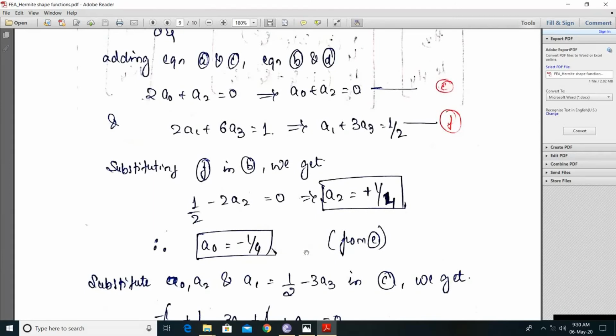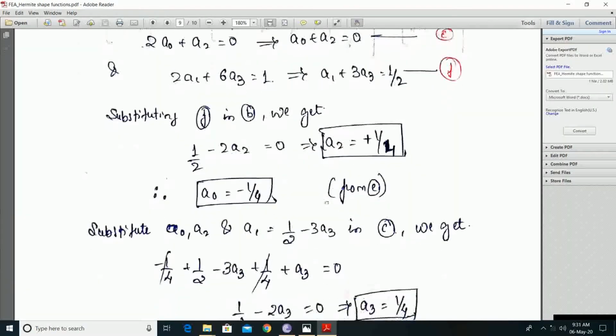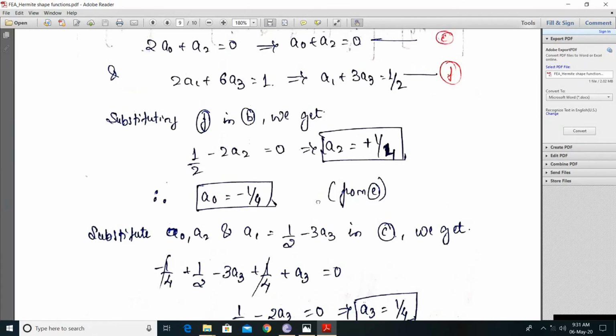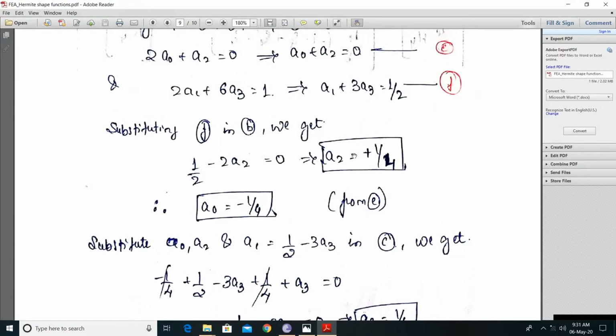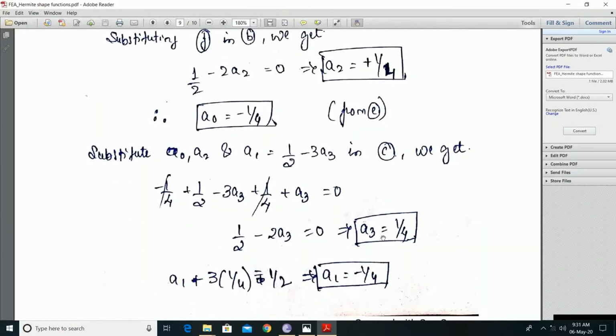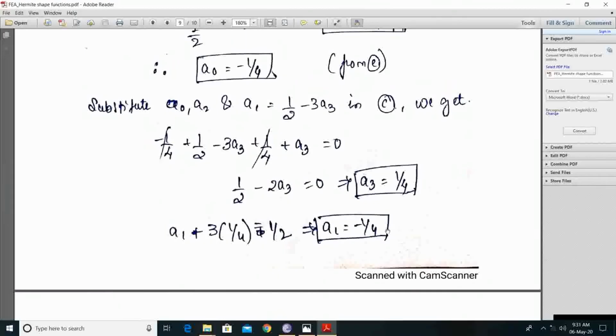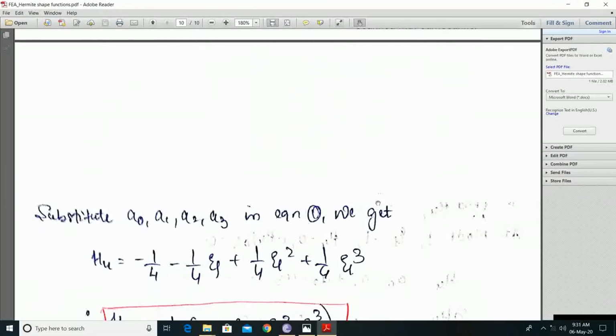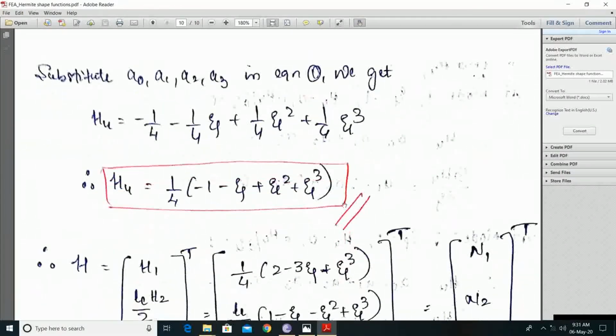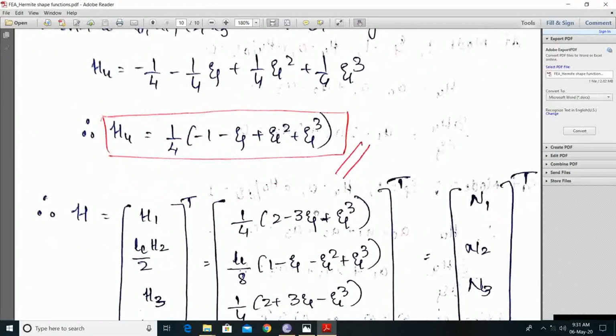Then again substituting a0, a2, and a1 equal to half minus 3a3 in equation C, we will get a3 as 1 by 4 and then a1 as minus 1 by 4. Substituting all these values, we will get h4 as 1 by 4 times minus 1 minus xi plus xi square plus xi cube. Let me write this in matrix form.